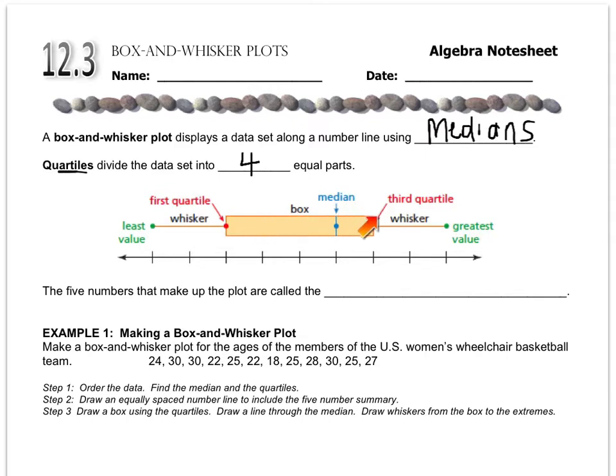So what you want to do is say, this is where the middle section of the group is, and this is where the top 25% are, this is where the bottom 25% are, and unless you're trying to represent that sort of data, you're not going to use a box and whisker plot. There are 5 things that you use to make a box and whisker plot, and I'll explain what those are as we go through, but sometimes you'll hear it referred to as the 5-number summary.